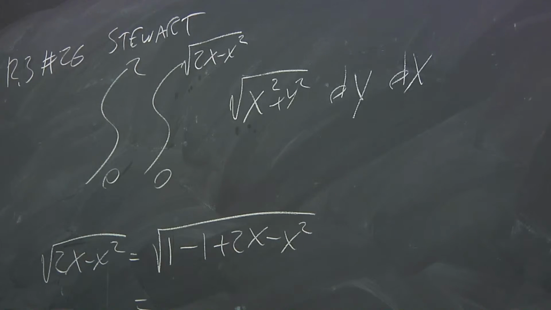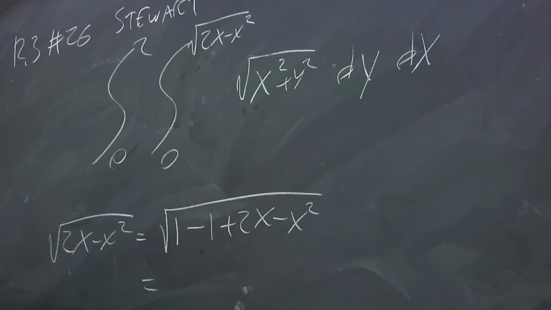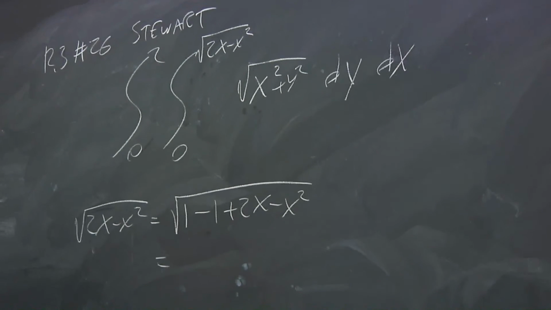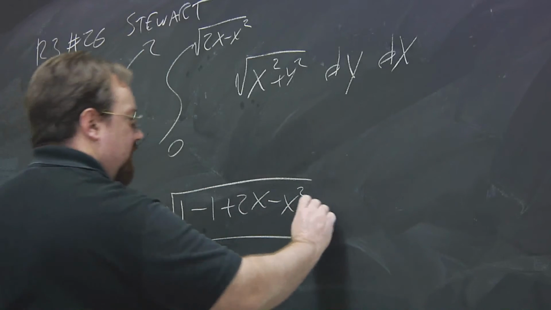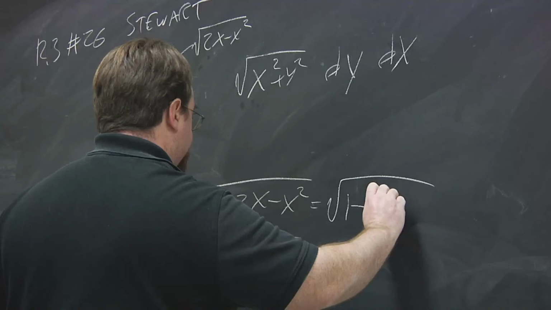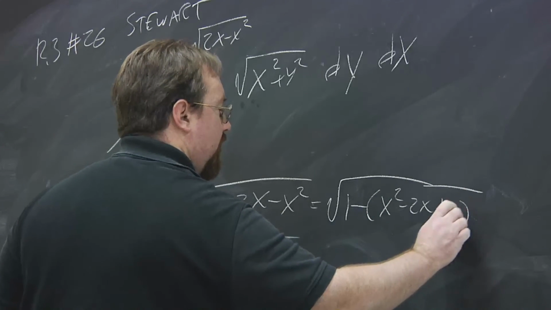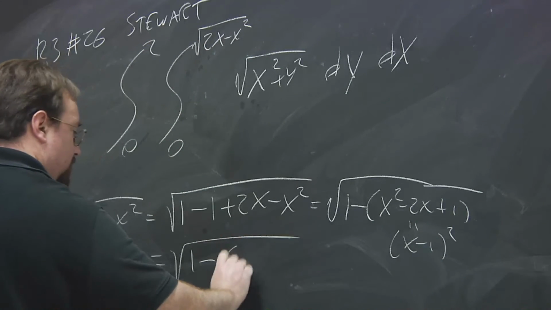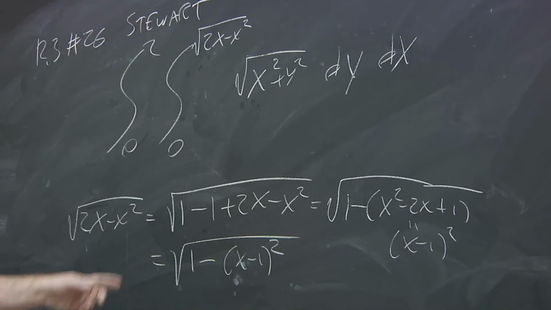Now, with it written in this form, what can we do with it to get a nice simplification involving a perfect square? 1, and then the rest of this, if we factor out a minus, we get x squared minus 2x plus 1. But this is x minus 1 squared. So now we can write it this way.